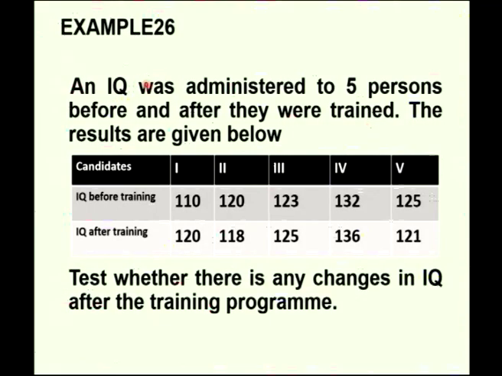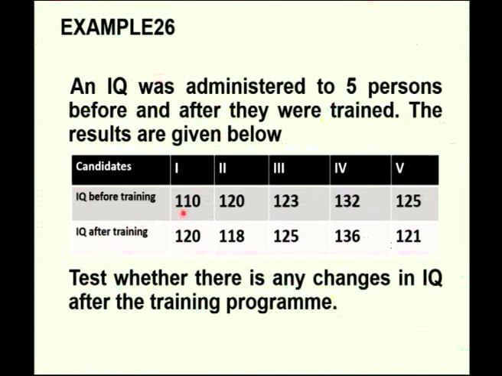An IQ test was administered to 5 persons before and after they were trained. The results are given below. Candidates are named as 1, 2, 3, 4, 5. The same 5 persons' IQ is noted before training and after training.